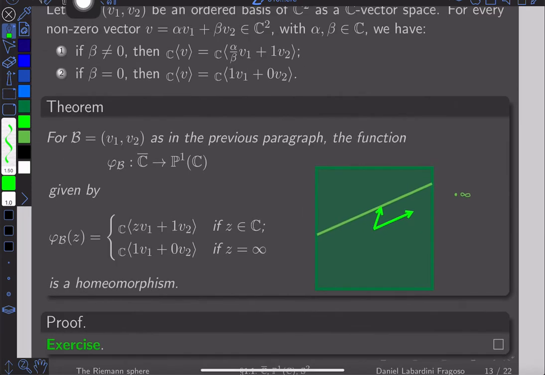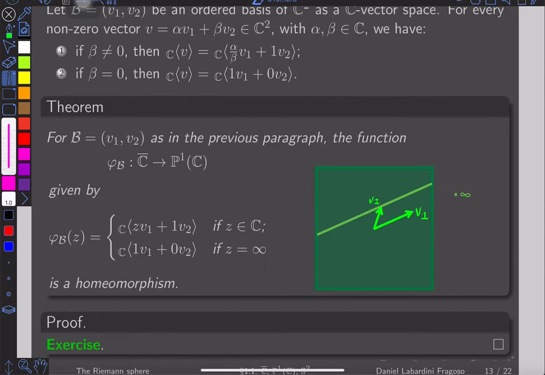Let's say that this is actually V1, and then this other is V2. I'm just going to try to explain what this means visually.